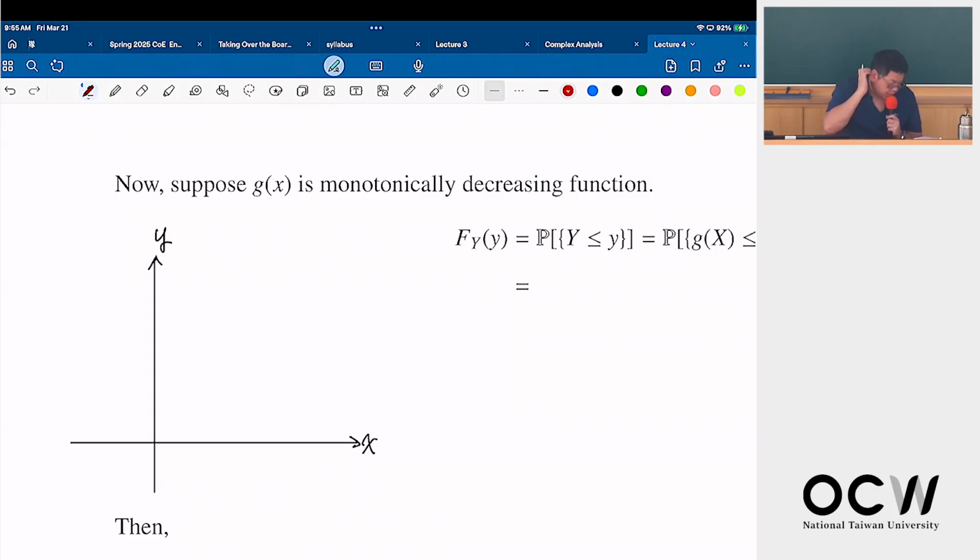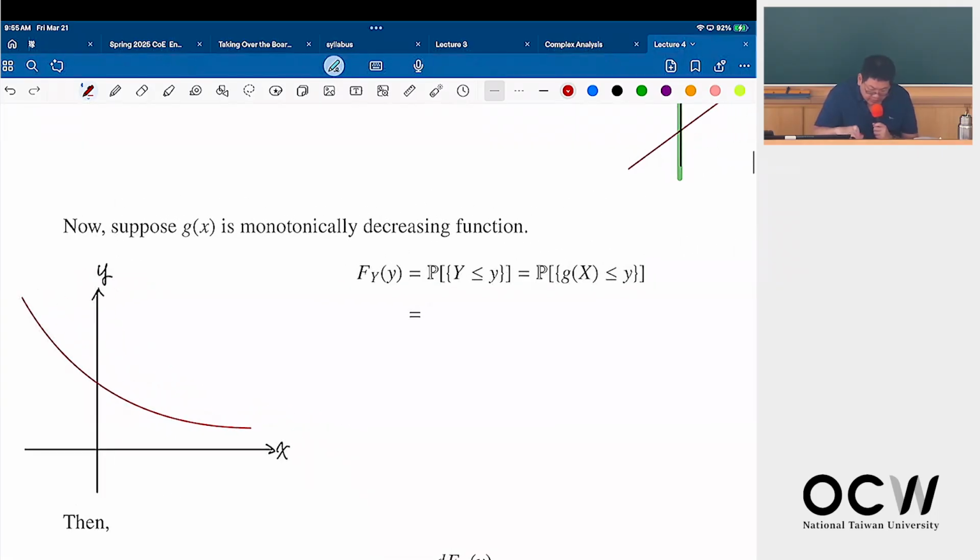Monotonically decreasing like this. Okay, so to find the CDF of y, that means the probability of your random variable y less than or equal to some point y. And what is the random variable y? A function of x. So this is g of x less than or equal to y.